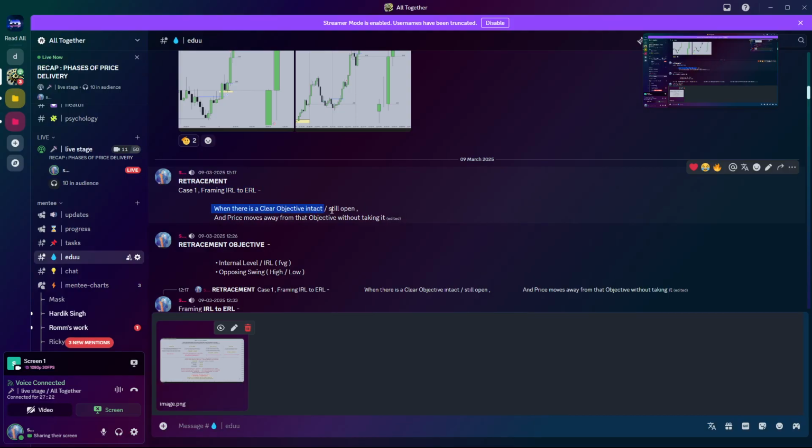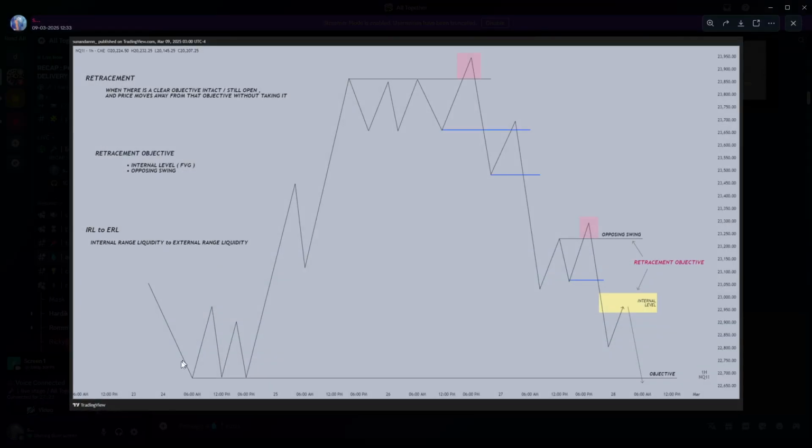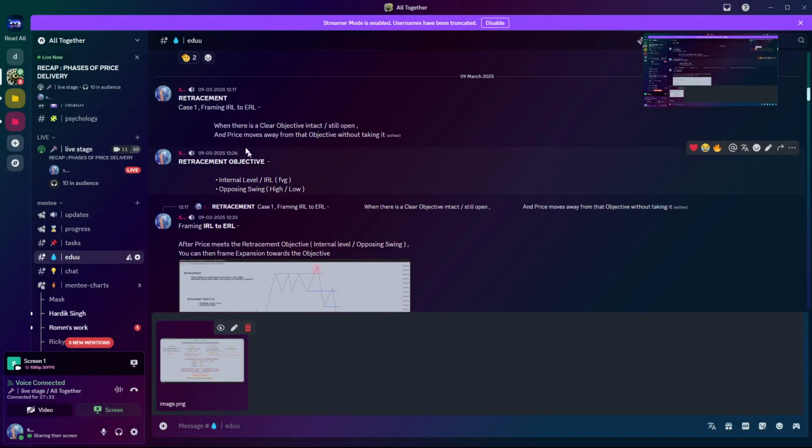When there is a clear objective still open, still intact, like this objective, and price moves away from that objective, price starts moving in the opposite direction to the objective, then you frame that opposing move as a retracement.